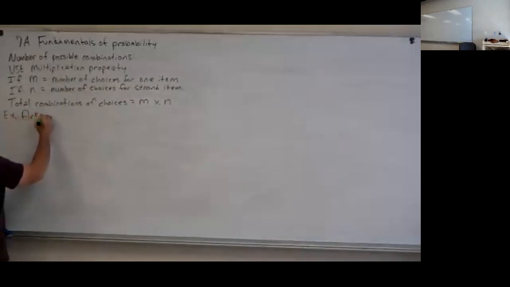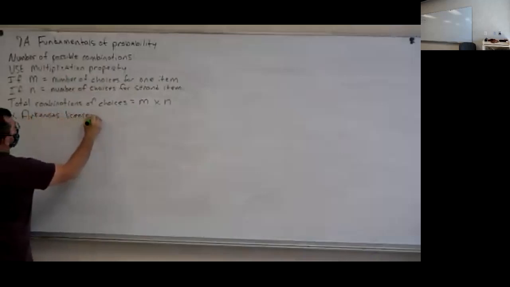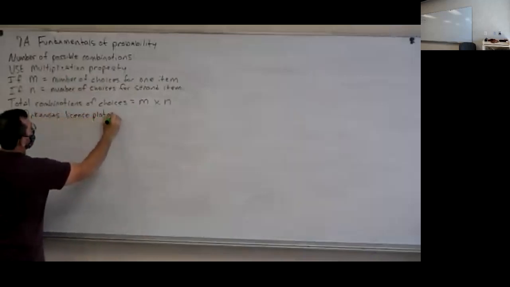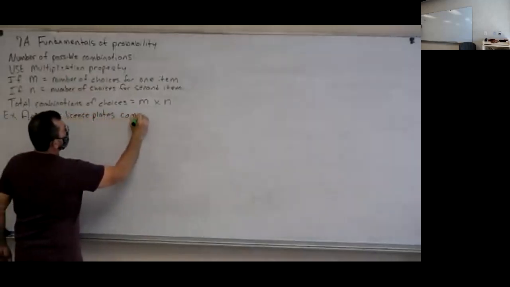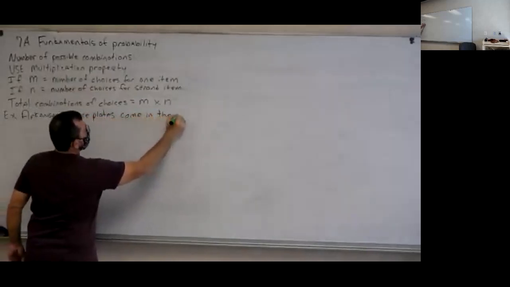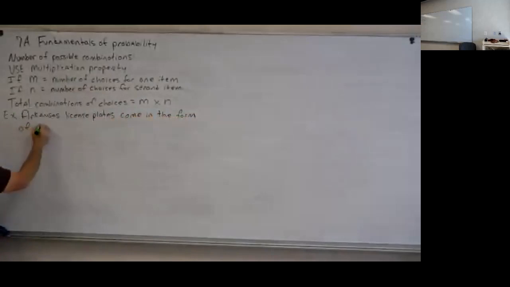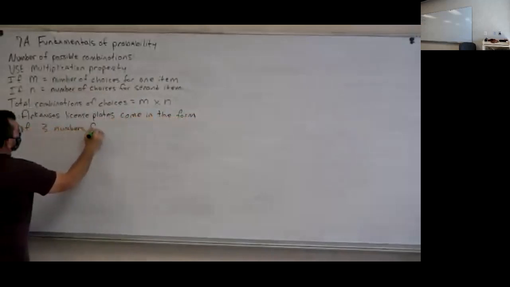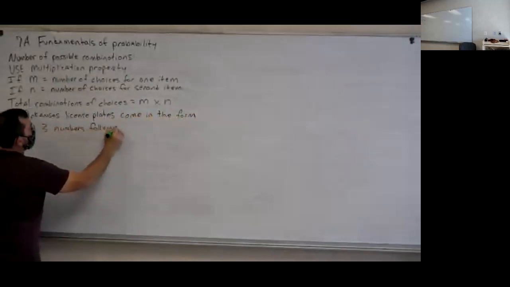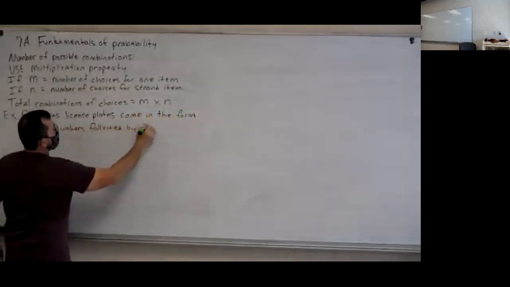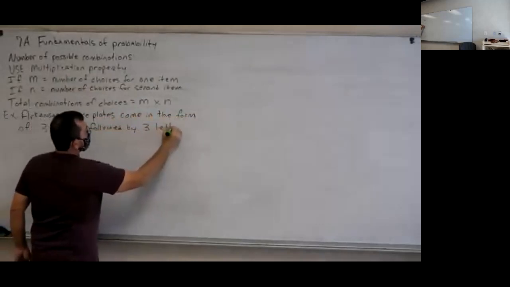So Arkansas license plates come in the form of three numbers followed by 3 letters.